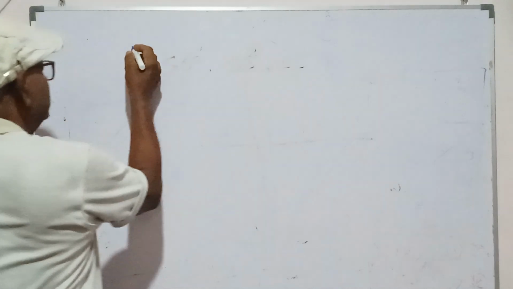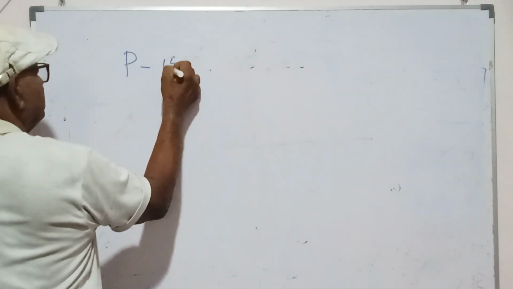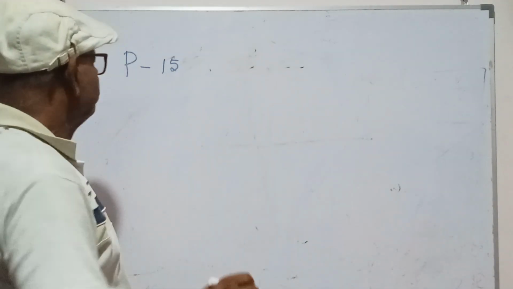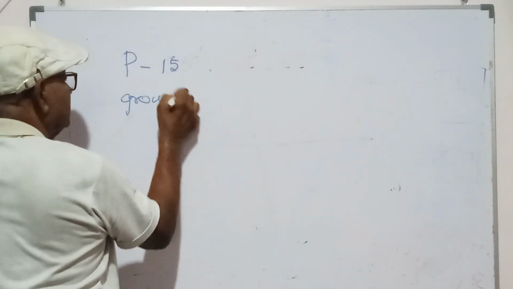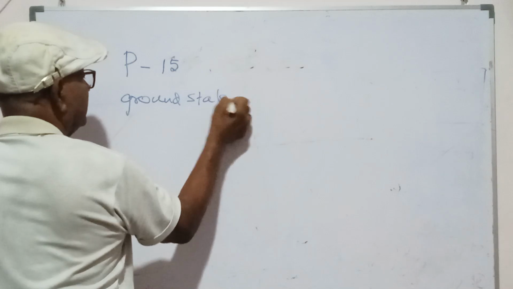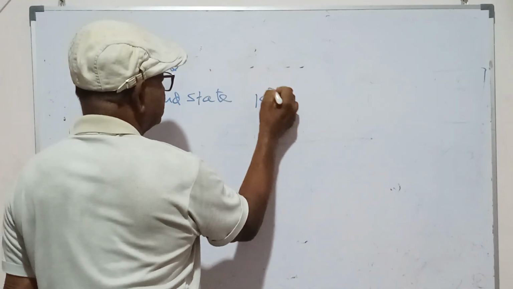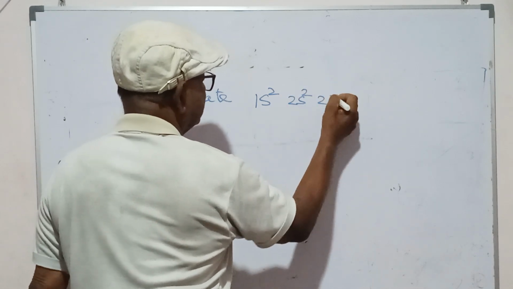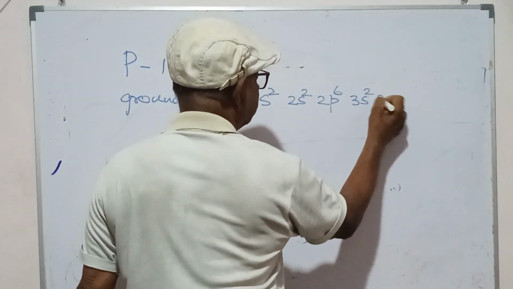What is the atomic number of P? 15. Atomic number is 15. So, at the ground state, the configuration is 1s2, 2s2, 2p6, 3s2, 3p3.